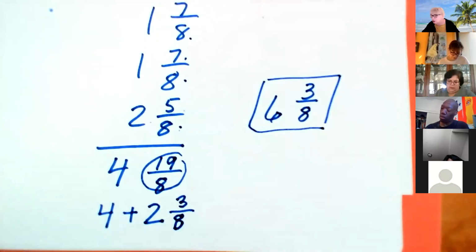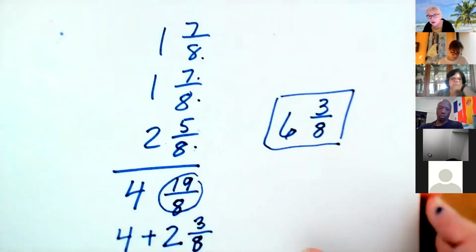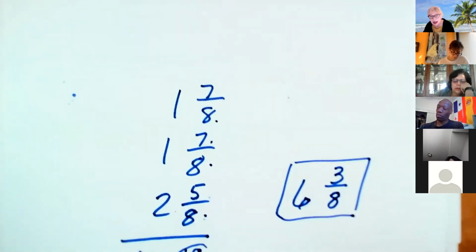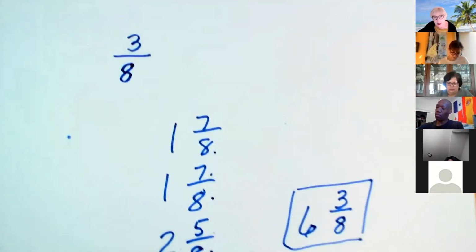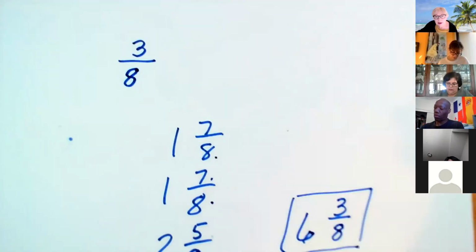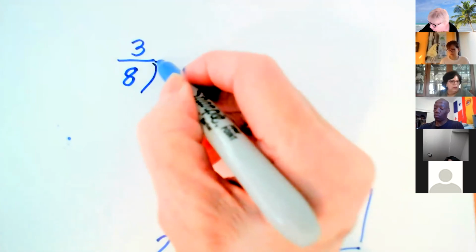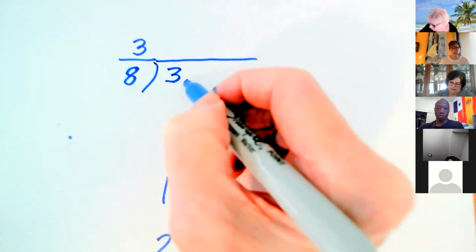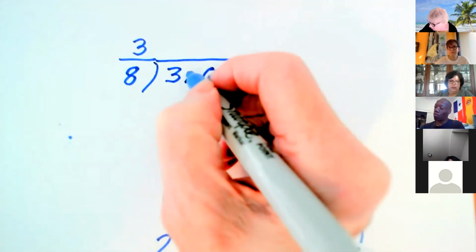Okay, and so now they're relying on whether you can remember how to take, this was the last chapter, take the 3/8 and turn it into a decimal. So 3/8 is 3 divided by 8. And so this is what you need to do. Add 2 zeros or something.